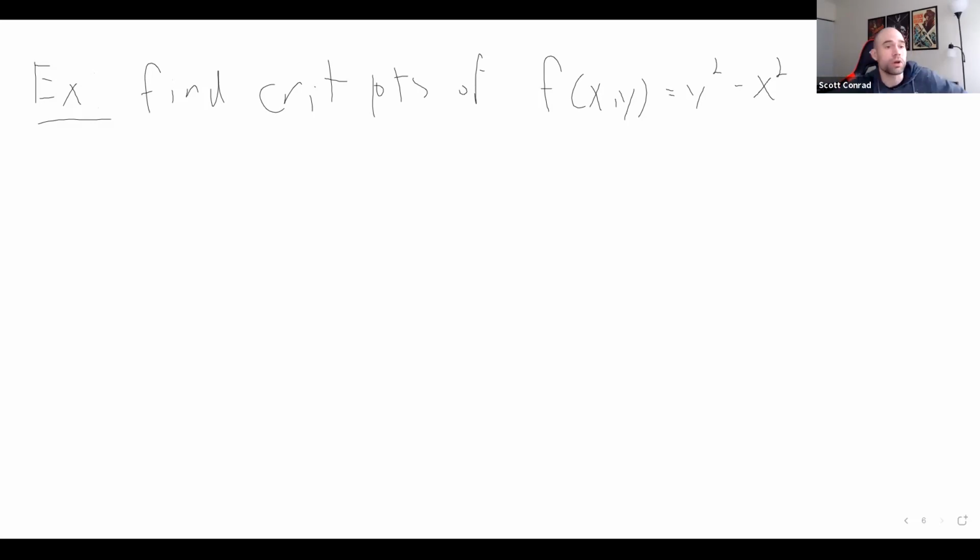Yeah, that's where we're going. I'm going to come to that in just a sec. But I'll go ahead and find the critical points of this function, and then we'll look at whether it's a local min or a local max or neither.